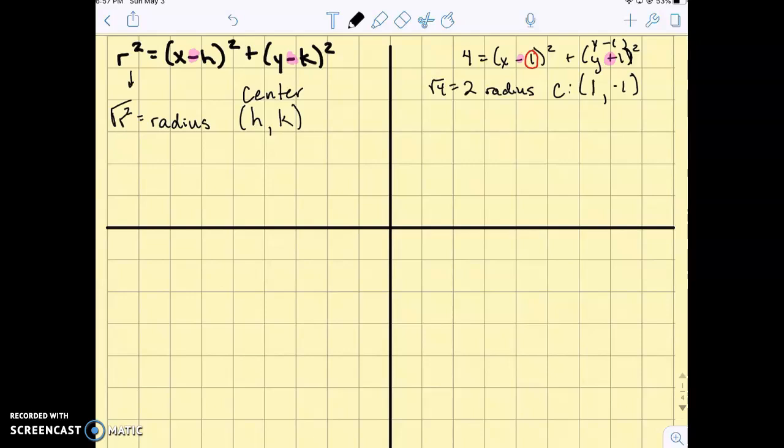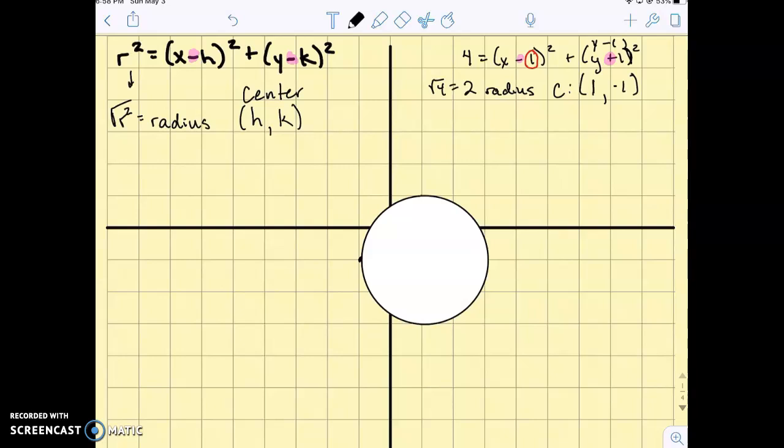If I go over to my circle, I go to (1, negative 1), and my radius is 2. So I put dots 2 units away from my center all the way around, and then, joy of Notability, make a pretty circle. Or the best you can, right? So that's how you would graph your circle.